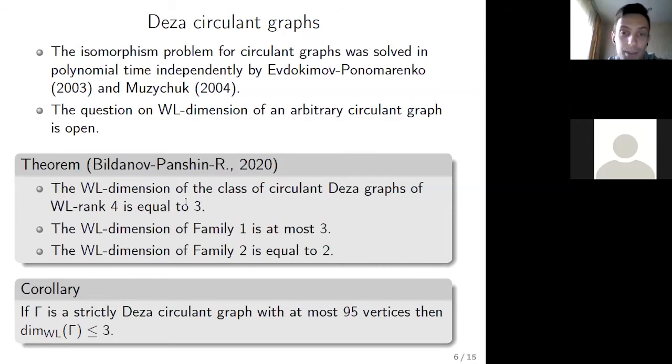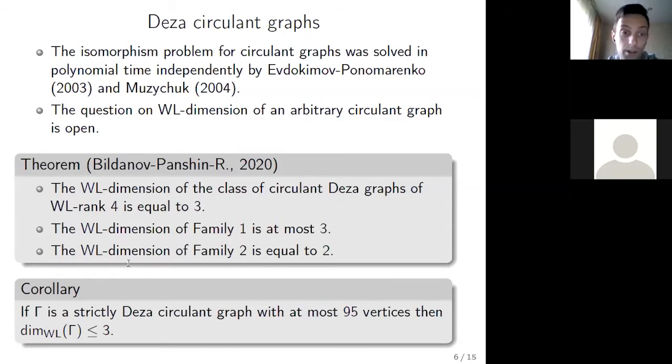But it seems that this Weyl dimension is exactly 3, and this bound cannot be reduced. And the third item, the Weyl dimension of graphs from family 2 is equal to 2. These graphs are quite good, and everything is okay with these graphs.